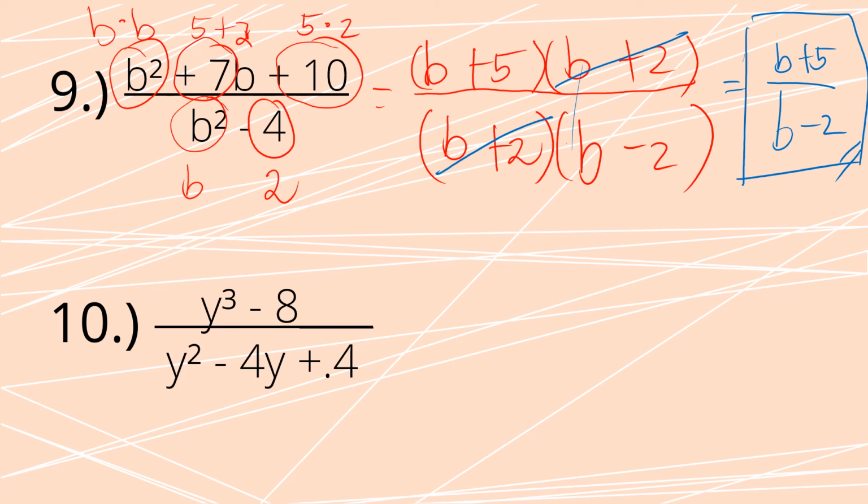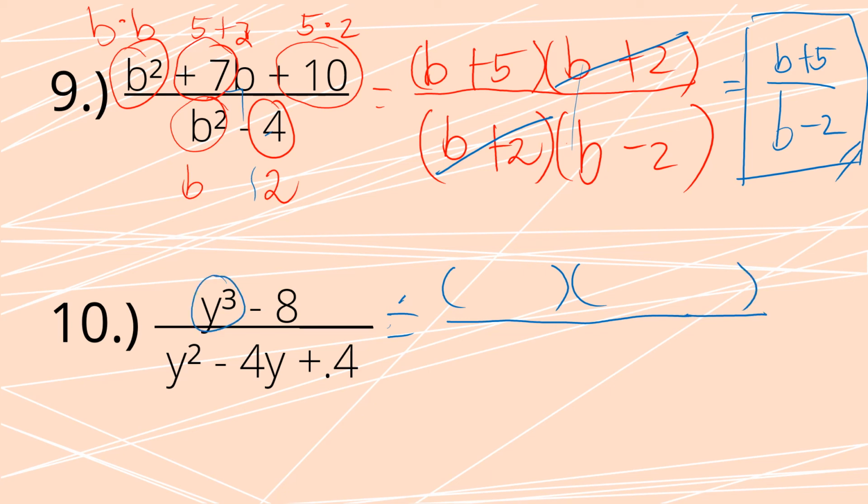Okay? Now, for the last number, we have y cubed minus 8. So that's difference of two cubes over y squared minus 4y plus 4. So this is a factorable trinomial. So for the difference of two cubes, the factors are binomial and a trinomial.